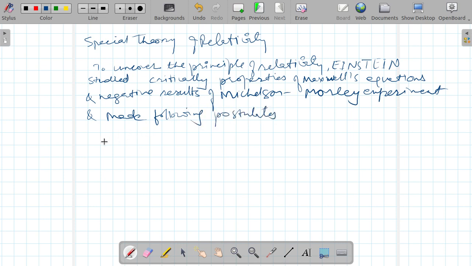And what are the postulates? Let us have a look at those postulates. So the first postulate is that all laws of physics are the same in every inertial frame of reference.